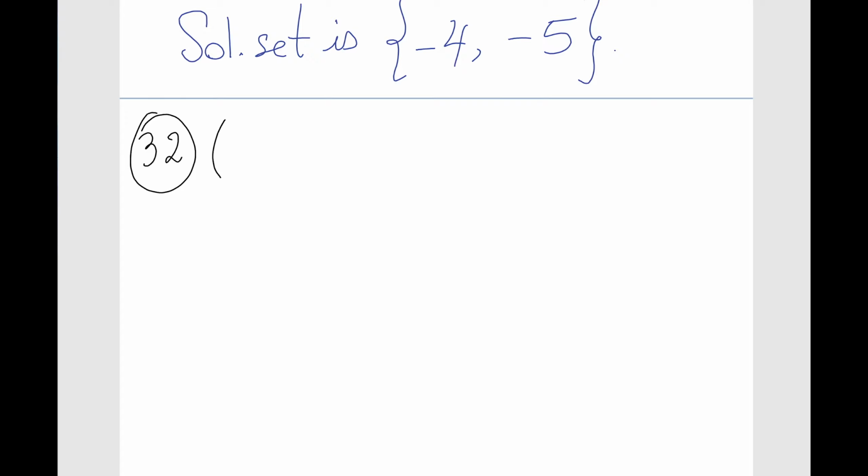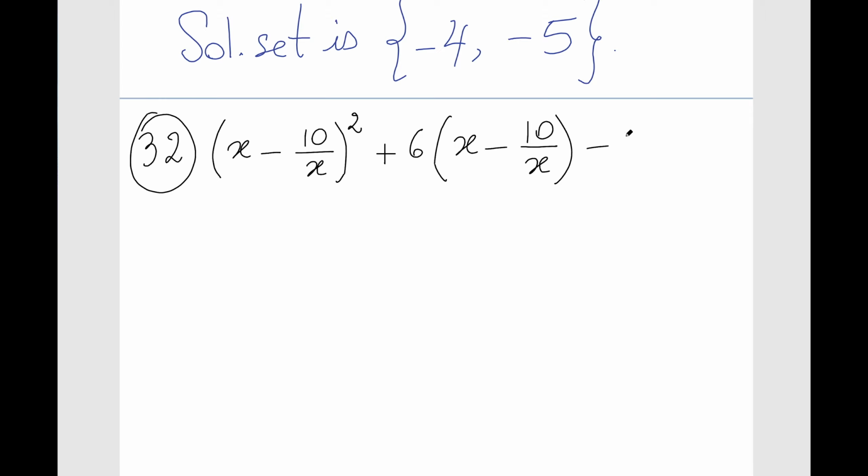I have x minus 10 over x, squared, plus 6 times x minus 10 over x, minus 27 is equal to 0. Okay.